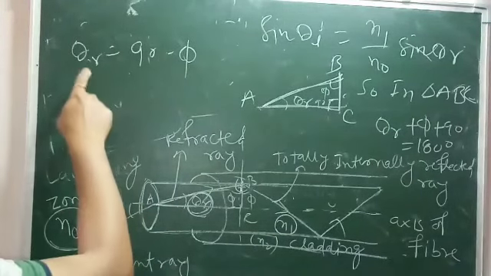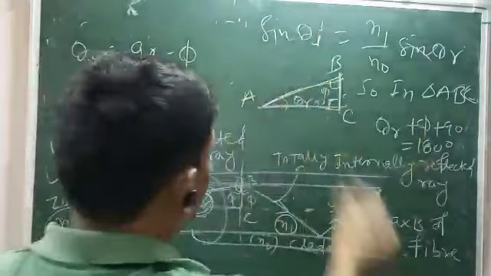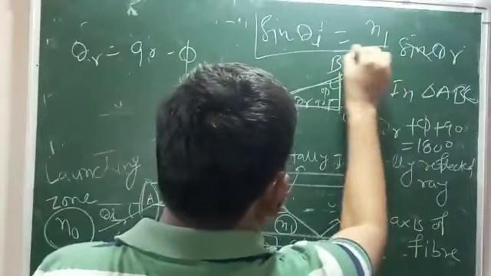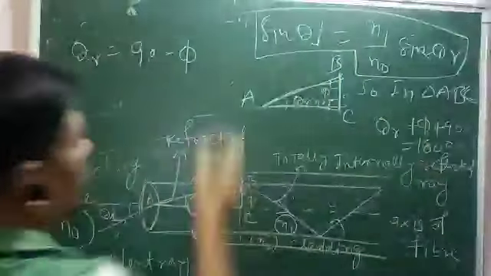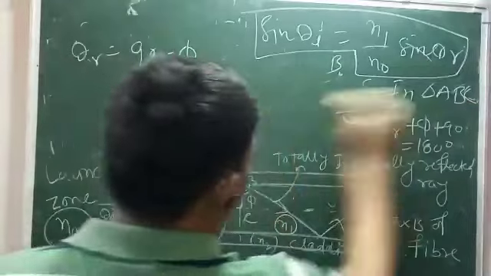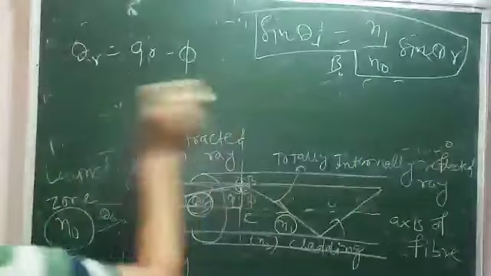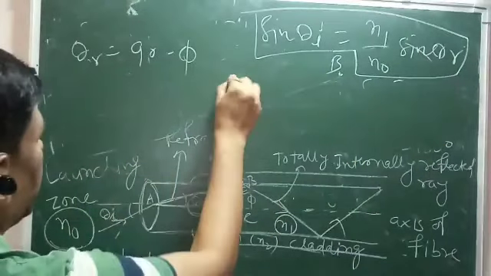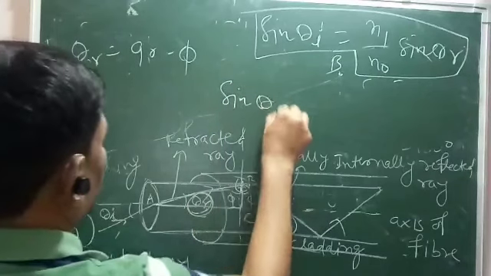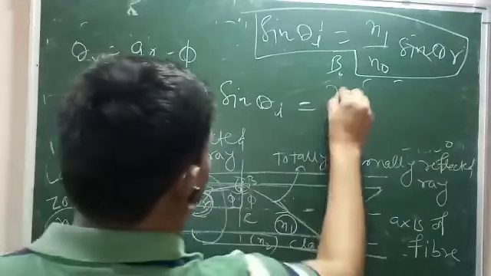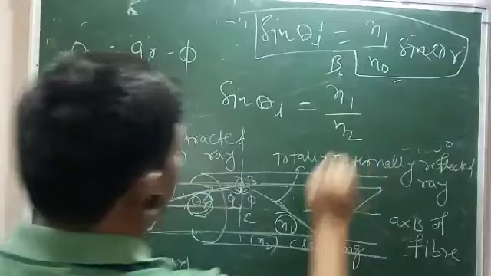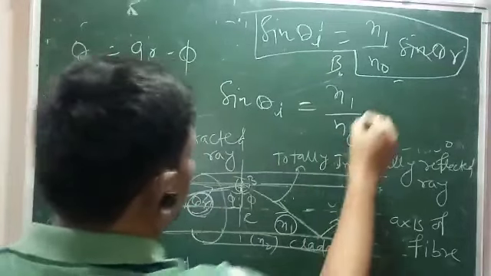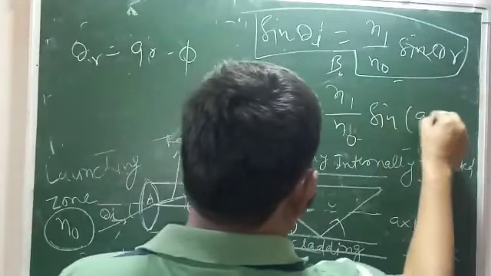We can put the value of theta r into this equation. We get sin theta i is equal to N1 by N0 sin of 90 minus phi.